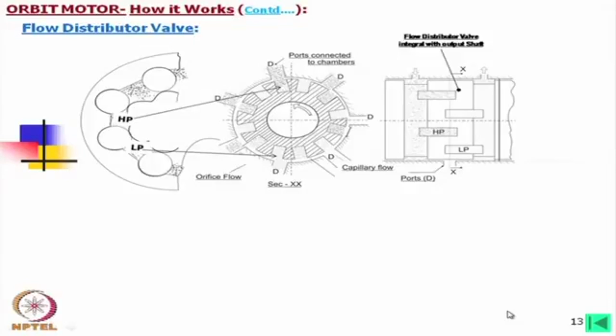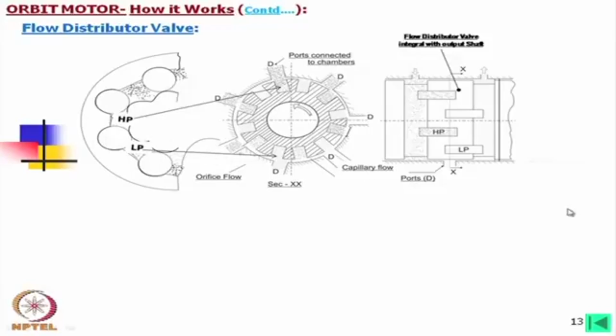Now, let us consider the flow distributor valve, how it is working. What we find is that we have taken 6 lobes for the star member and 7 lobes for the ring member.